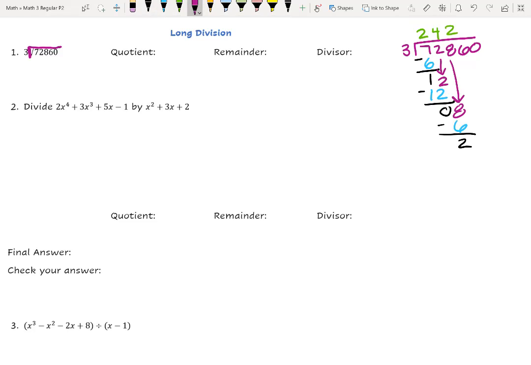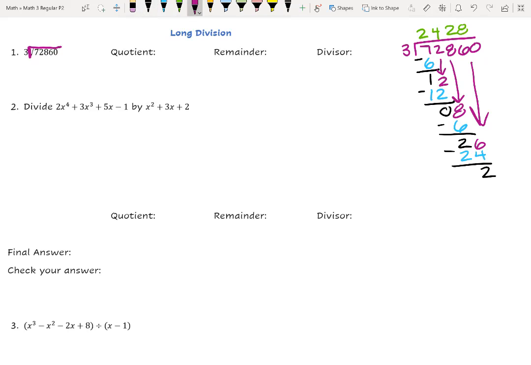All right, next digit is a 6. So let's see. 3 goes into 26 8 times. 8 times 3 is a 24. So then I will subtract. And 26 minus 24 is 2.